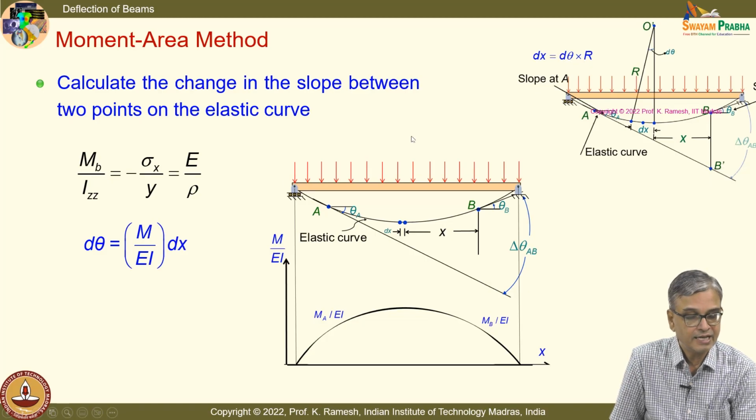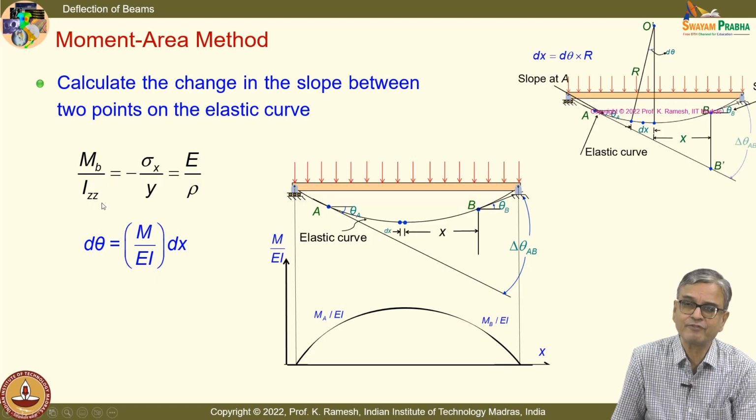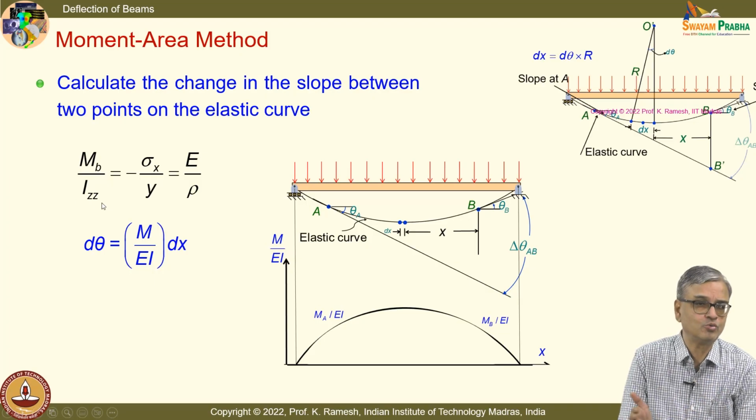Okay. And from this, you know the rho is nothing but r there. So, I can write this rho as m by ei, and I have said, to simplify your writing, and you are working with axis x along the length of the beam, y is this, z is perpendicular to that.